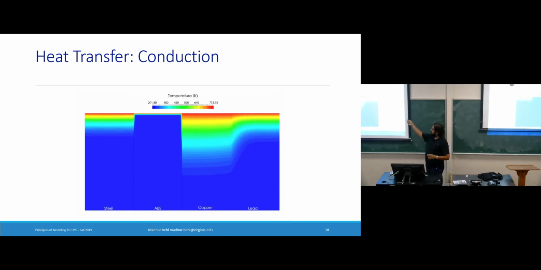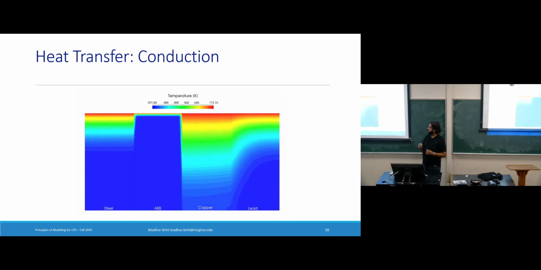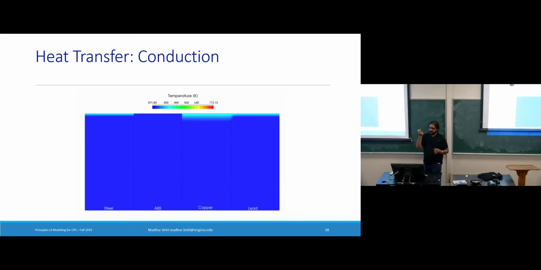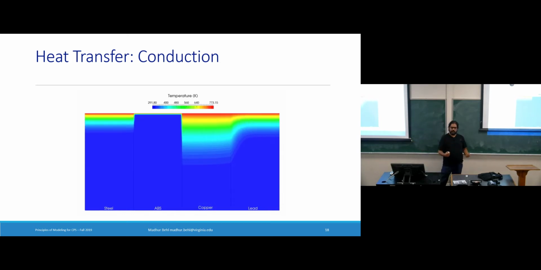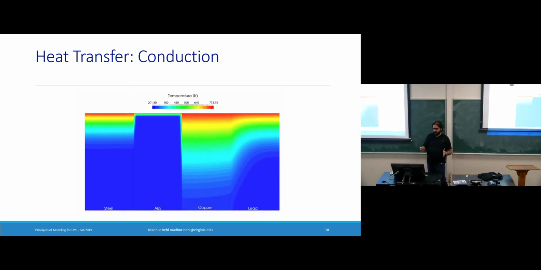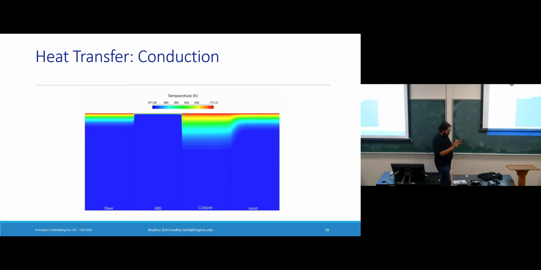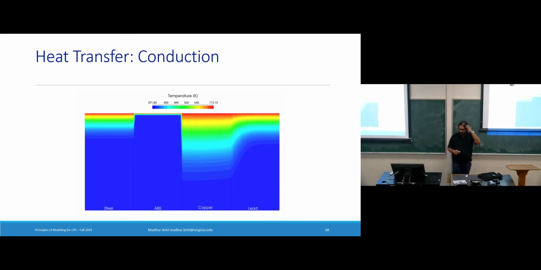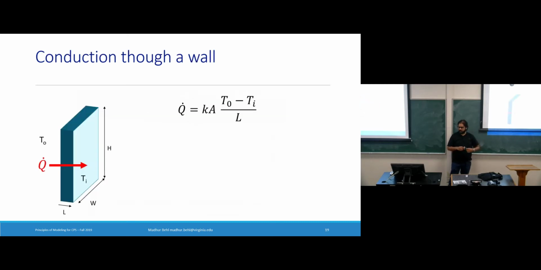They have the same input, which is this top boundary of 700 something Kelvin. And so you can see that conductivity is trying to capture the property of the material on how well it conducts. Okay, so from our point of view, when we have to model and use conduction, it will occur through the following picture. This is what we care about when we model a building.